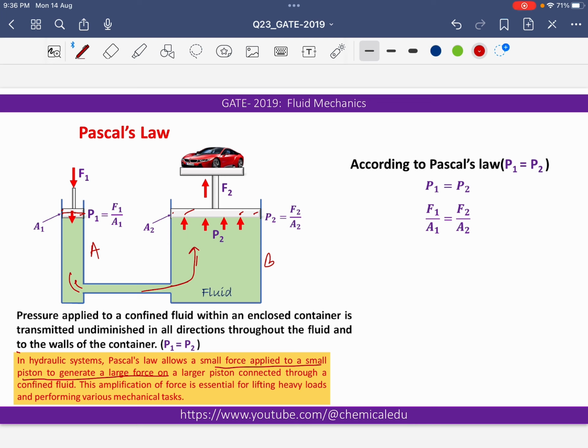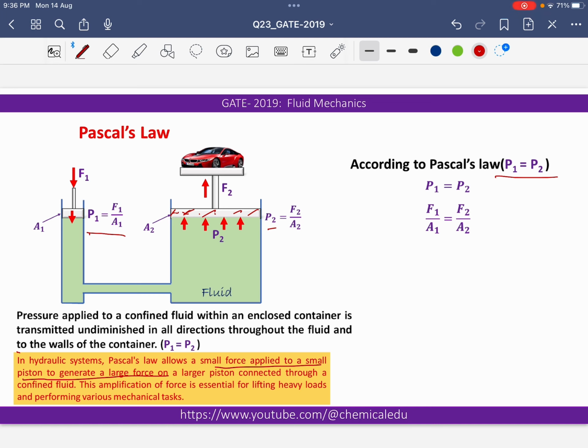According to Pascal's law, P1 is equal to P2, meaning whatever pressure is generated in the small piston is transmitted to the large piston. We know pressure is force by area, so P1 is F1 by A1. Let's say the pressure here is P2, which creates force F2 on area A2, so P2 is F2 by A2.